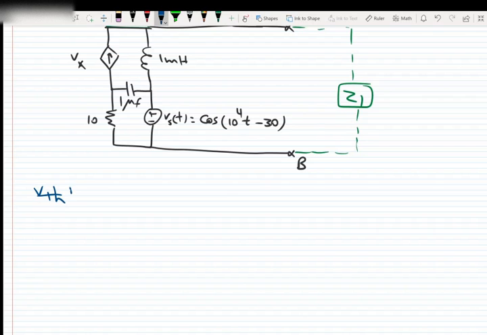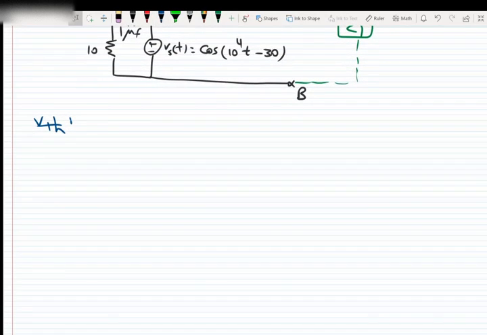In order to find Thevenin, we remove the load from the circuit and keep all sources, and of course we convert the values to the phasor form.